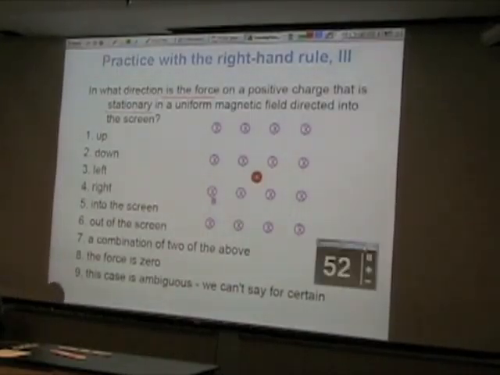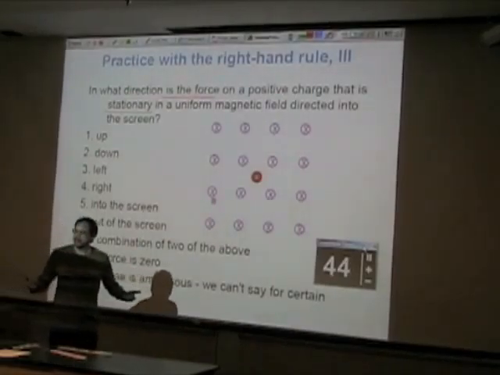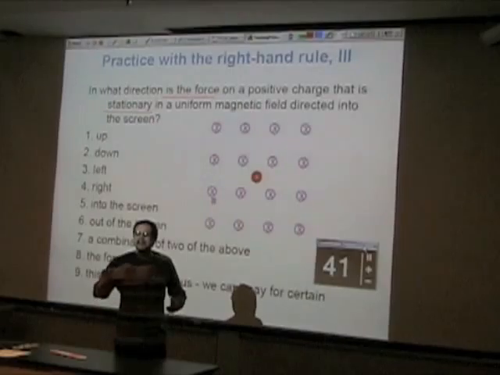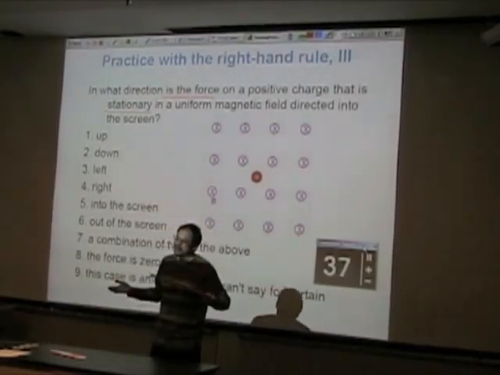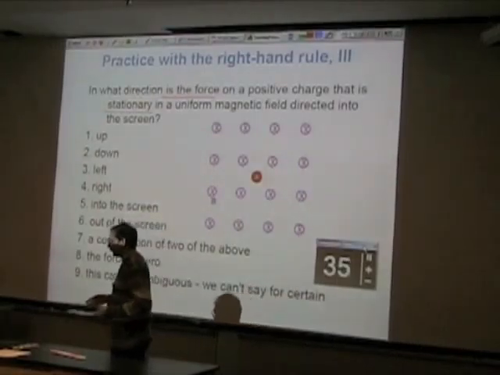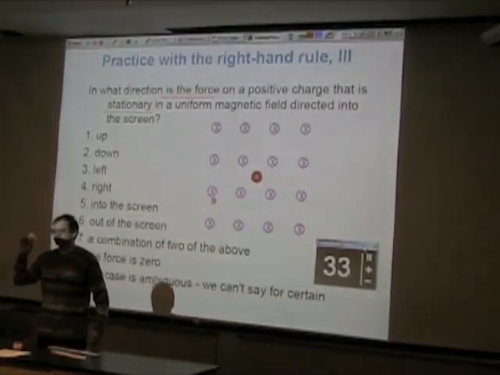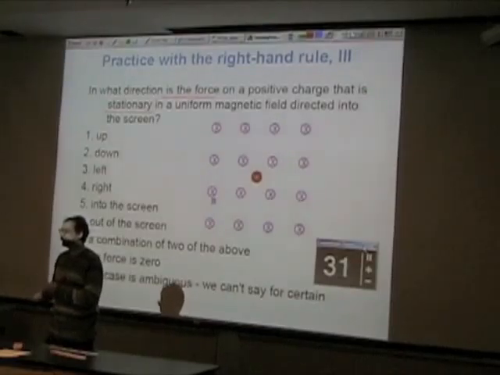There is no good place for the timer. The magnetic field is uniform. It means it has exactly the same magnitude and direction everywhere, which is normally the case. The charge is positive, not negative.